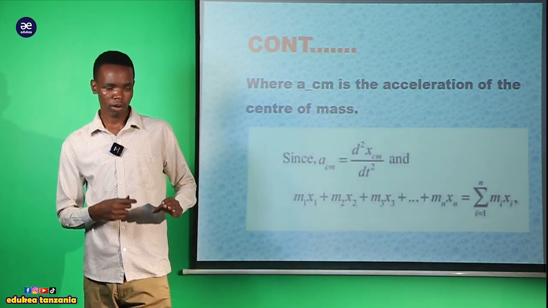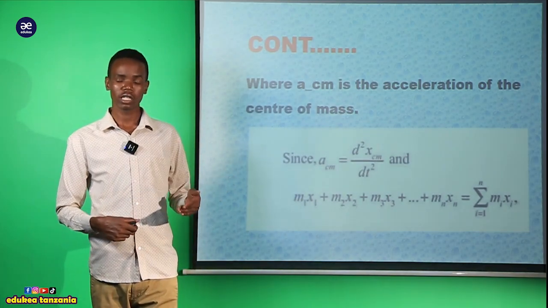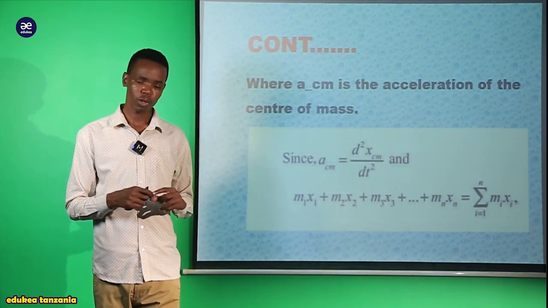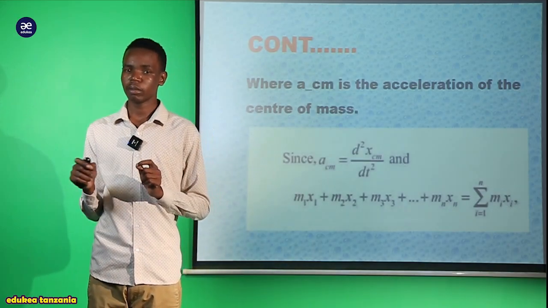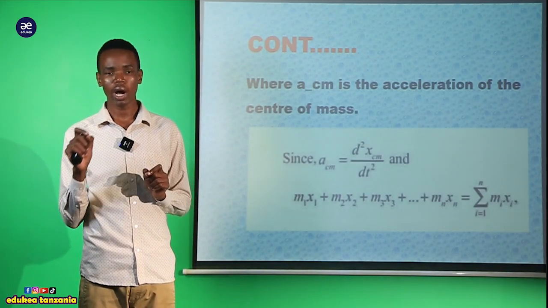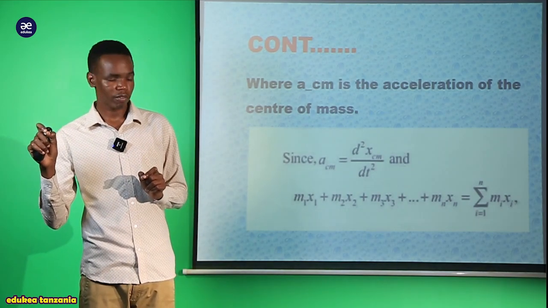So we say that this summation m1 x1 up to mn xn can be represented in terms of the summation. Applying summation, we say it is equal to the summation from i equals 1 up to i equals n of mi times xi.